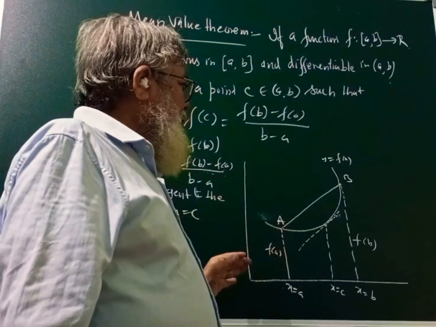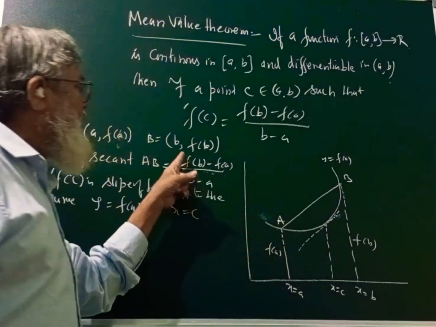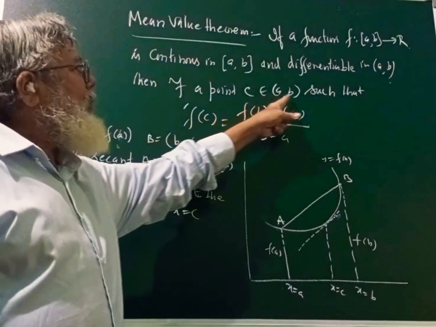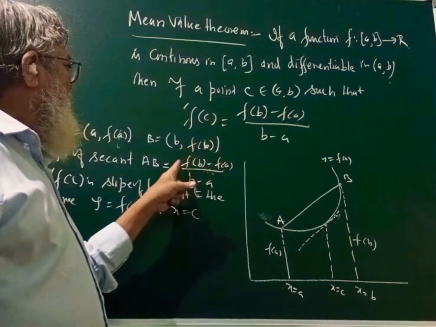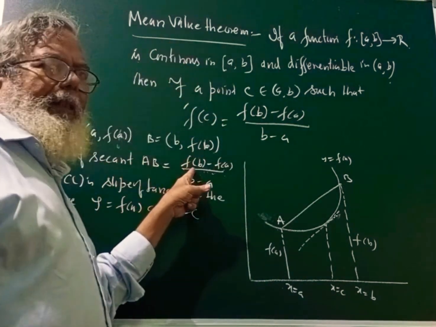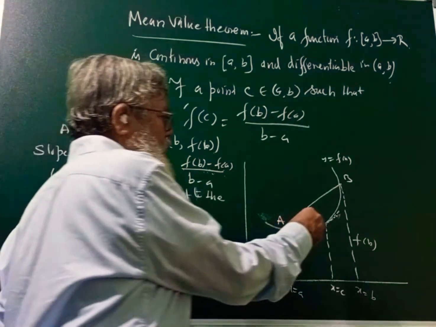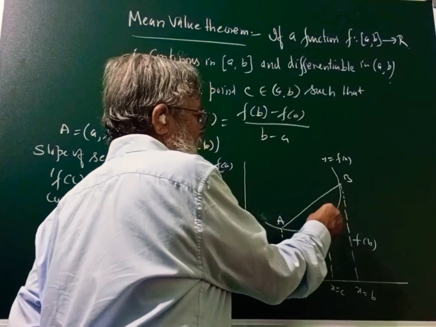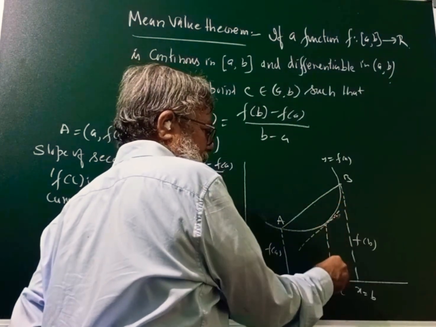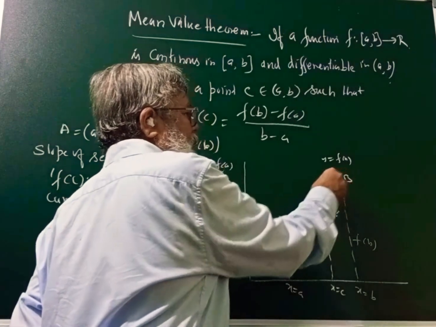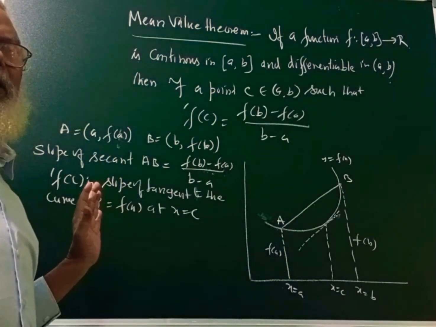So then here, slope AB is the right hand side value of the mean value theorem, which gives the slope of the secant AB, and f dash C gives the slope of the tangent at this point. They are the same, which means the slope of the tangent to the curve at least at one point C is parallel to the secant AB. That gives the mean value theorem.